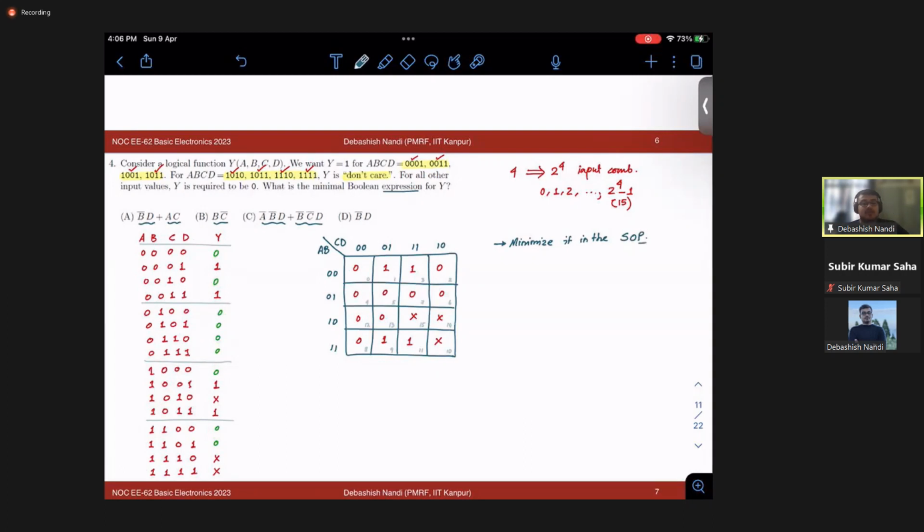Sum of product terms. So you need to consider ones in the K map, right? So what are your ones here?